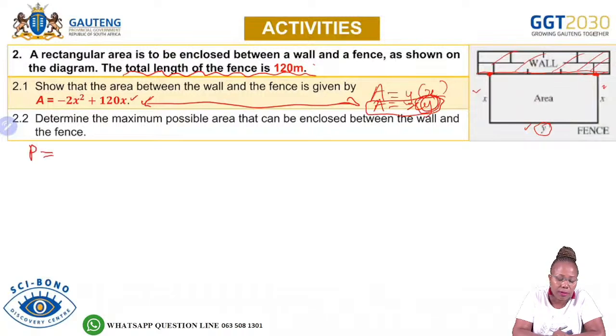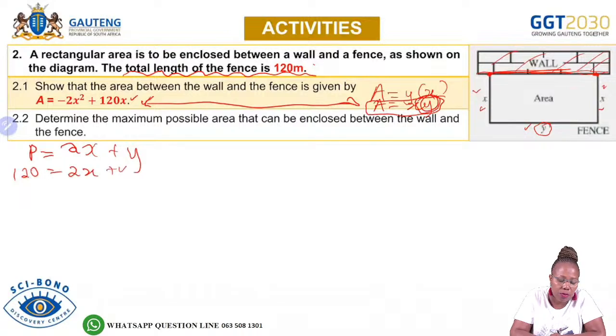Perimeter. What is the perimeter for this particular diagram or situation? We have x plus x, which is 2x, plus y, we only take 1 because the other side is a wall. So now let's substitute the total fence we have, 120 meters.